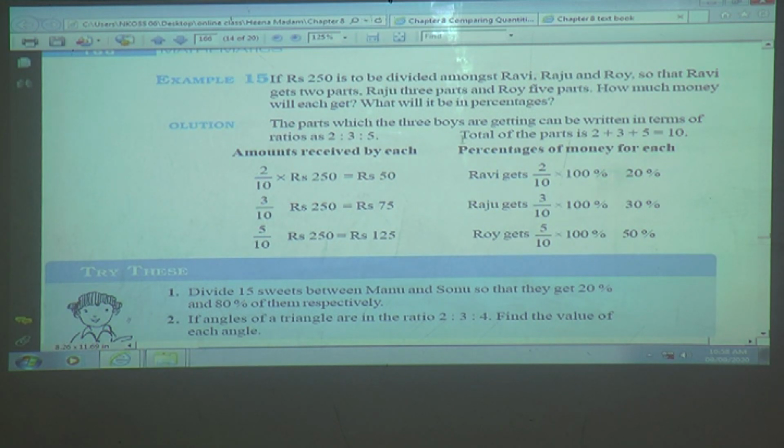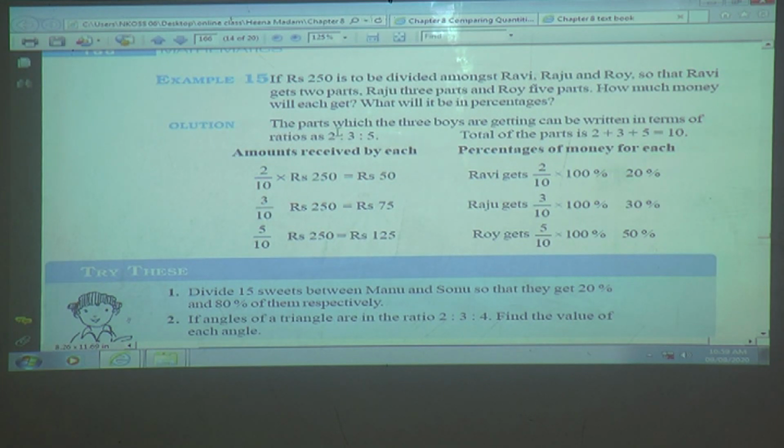So we will first find out the amount received by each one of these: Ravi, Raju and Roy. One by one we will solve. As in the previous question, first we will write the ratio and find the sum of all the parts, that is the total of the parts.